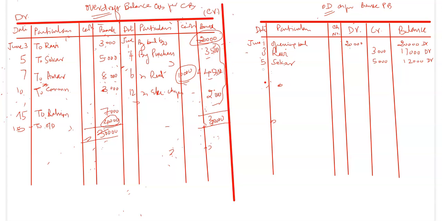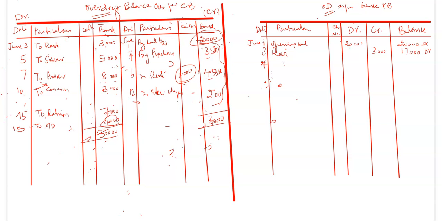Now on 7th, there is one more entry in between. Between 3 and 4 there is one more entry. So first let us finish the transaction in between.